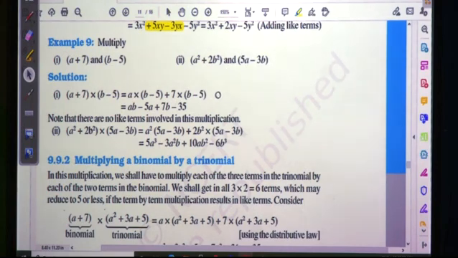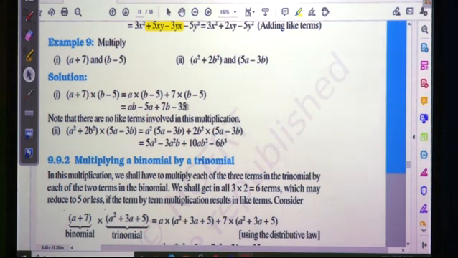Sorry, I am saying second term, second expression. So, a into b is ab and a into minus 5 is minus 5a. 7 into b is plus 7b and 7 into minus 5 is minus 35, because plus into minus is minus, and here the same happens, plus into minus, it is minus 5.